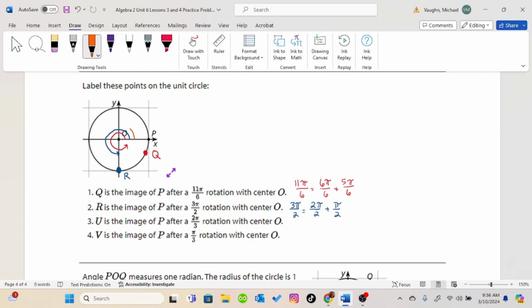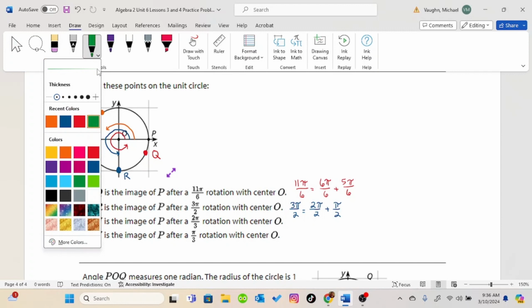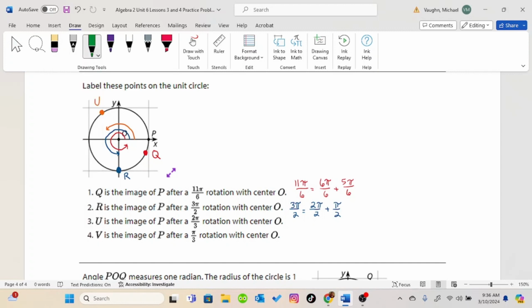We could say we go about a third of a pi, keep going until we're at about 2/3 of a pi, and we can estimate we're somewhere right up in here for point U. And number 4, V is the image of P after a 1/3 pi rotation with center O. So we're going to estimate that we rotate about 1/3 of pi, and we could put a point right about here and label that V.